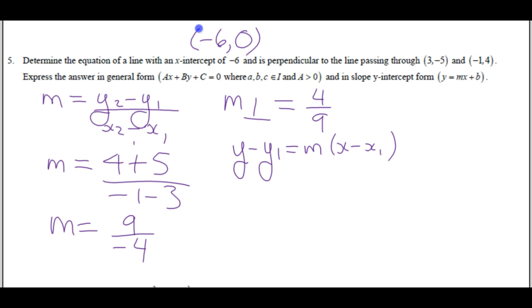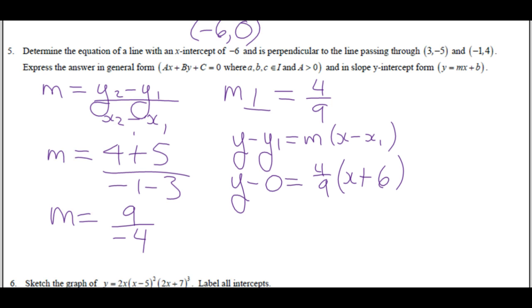So let's do that. So y minus 0 is equal to 4/9 x minus -6. Come on, this one I did on purpose. Plus 6, thank you. Okay, so it's x, because it's x minus -6, right? x plus 6.